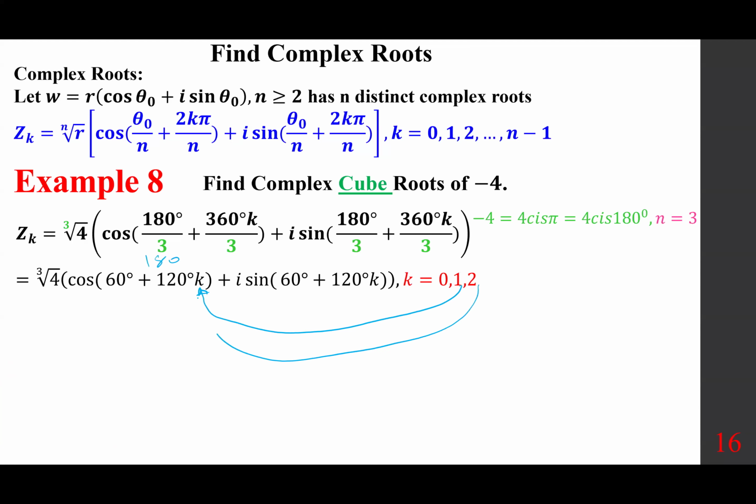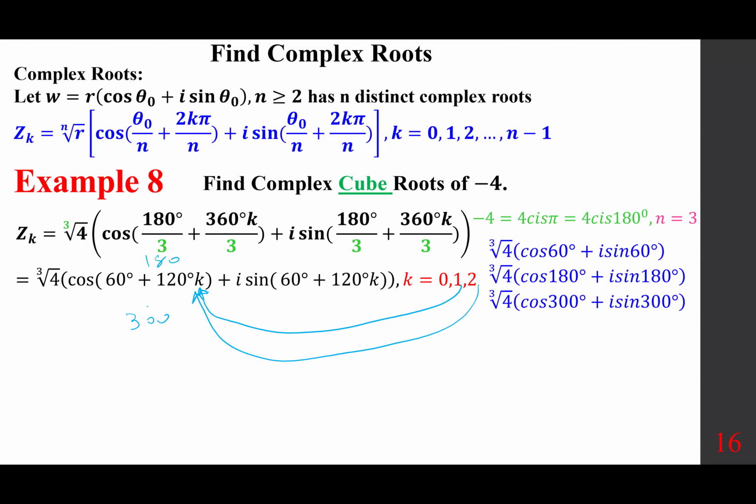If I put 2, I get 240 and 60, 300. So put 0, 1, 2. Here's what you get, everybody. Cube root of 4, that doesn't change. Cosine of 60 plus i sine of 60. Cube root of 4, cosine of 180 plus i sine, or just cube root of 4 cis 180. Cube root of 4 cis 300, whatever is easier.